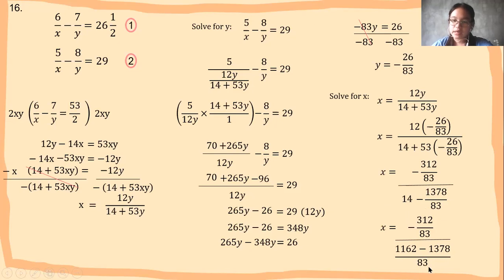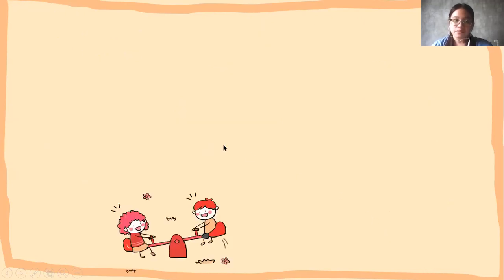On the other hand, 83 divided by 1, let's assume that 14 has a denominator of 1, is equal to 83, then multiply it to 14. It will become 1,162. Then subtract. So we have negative 312 over 83 over negative 216 over 83.